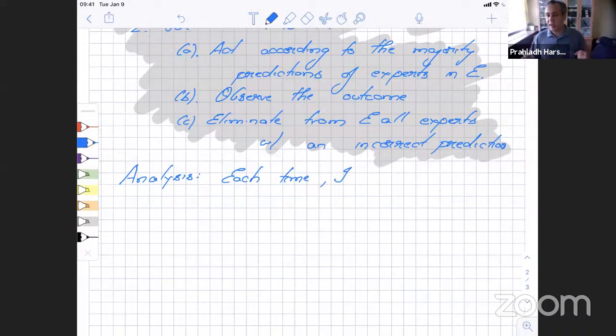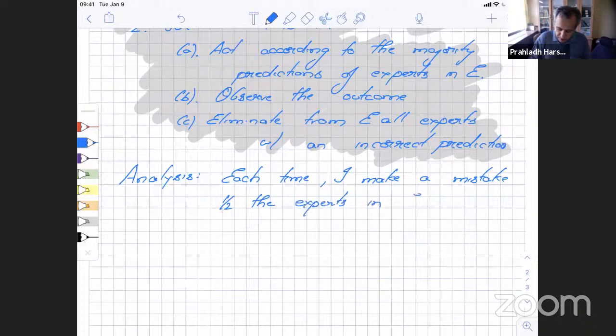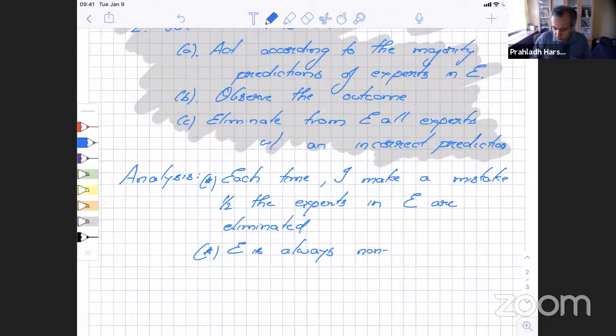So each time I make a mistake, half the experts in E are eliminated. So this is the first observation. E is always non-empty, as it contains the infallible expert.